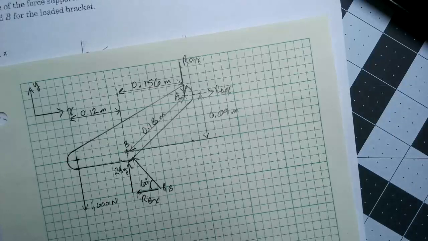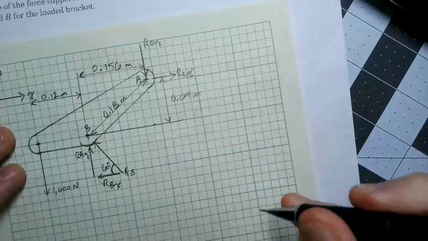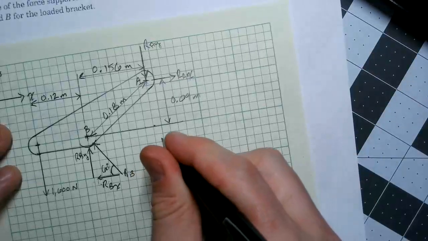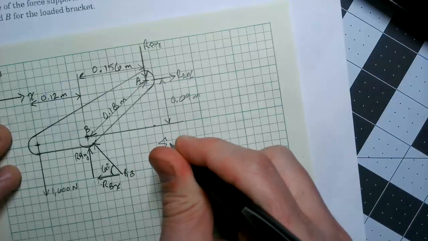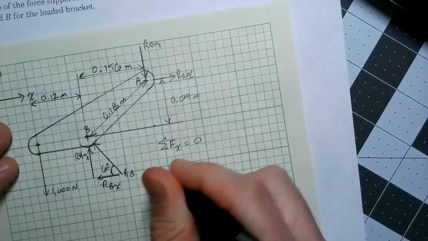The next step in solving for our reactions is to set up our equilibrium equations. Remember, the equilibrium equations for a 2D analysis, as this one, are as follows. The sum of the forces in the x direction has to equal 0.